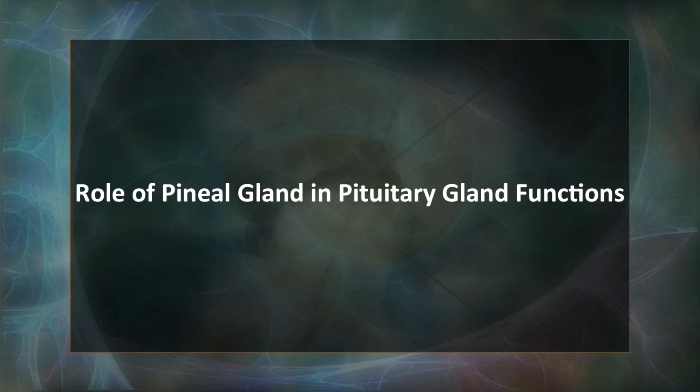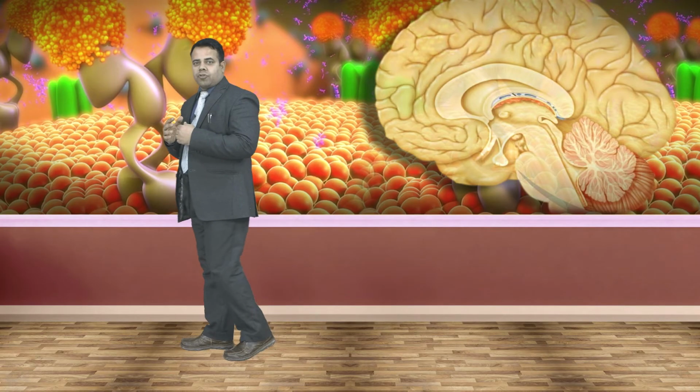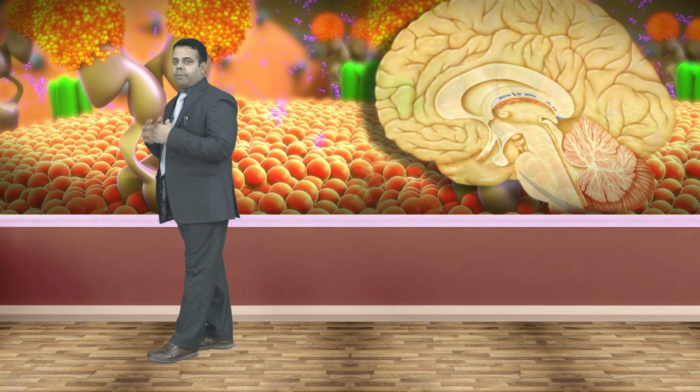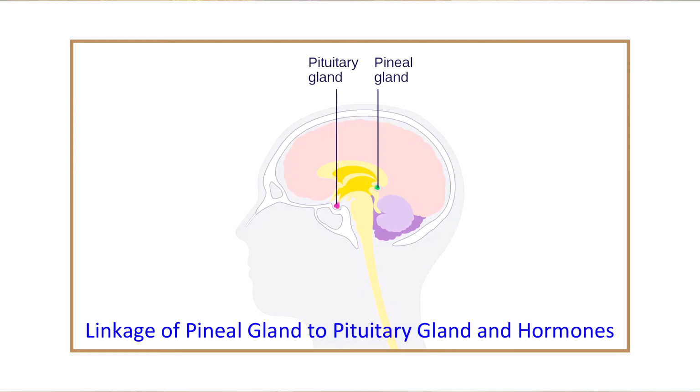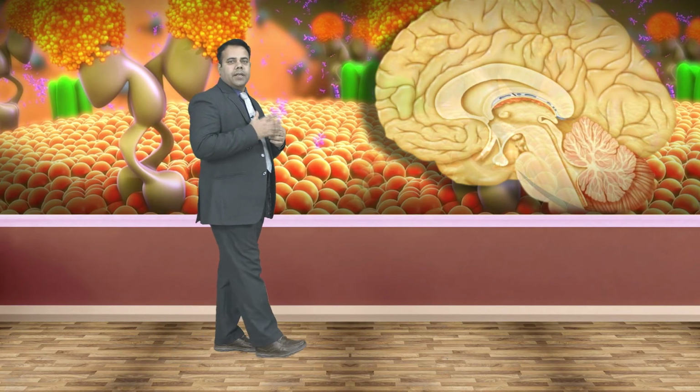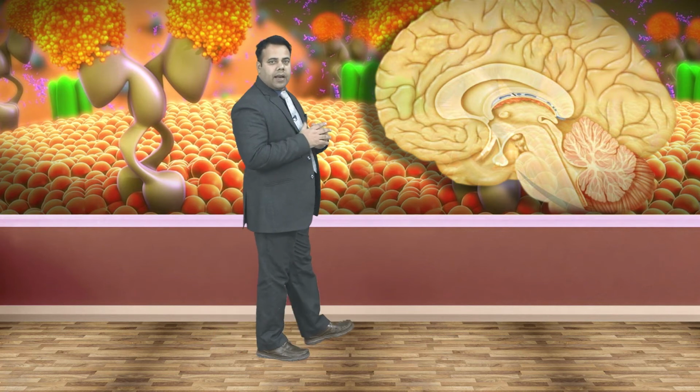Now the role of the pineal gland in pituitary gland functions. The pituitary gland protrudes from the hypothalamus of the brain. The hypothalamus is linked to a wide range of hormonal functions, including growth and thyroid function. A number of previous studies suggest that the pineal gland can affect the behavior of the pituitary gland.